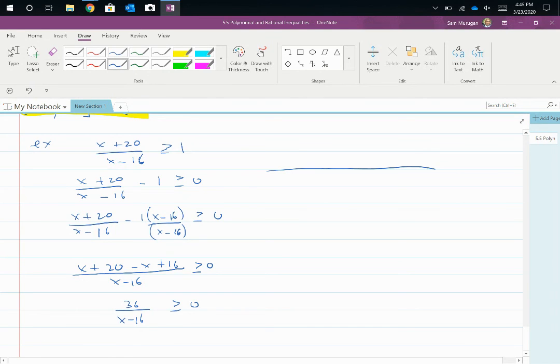That's the vertical asymptote. That's the only point on the number line to consider. From negative infinity to infinity, we're only going to test from negative infinity to 16, and then from 16 to positive infinity.